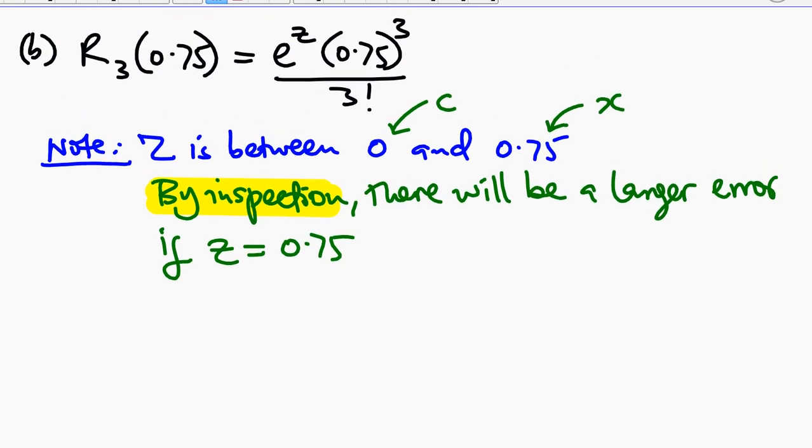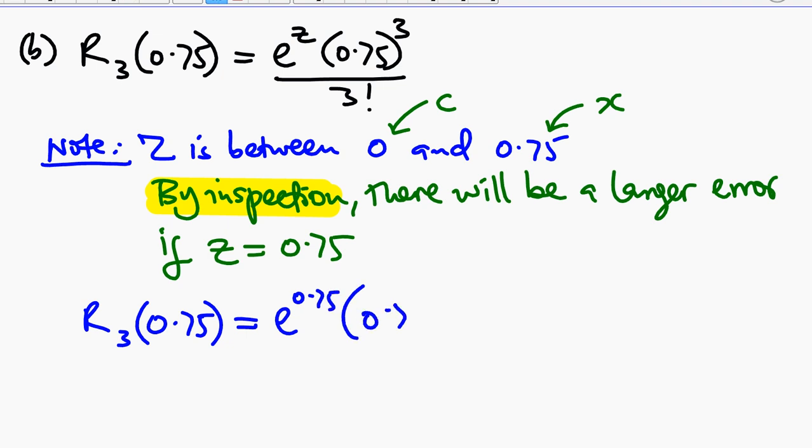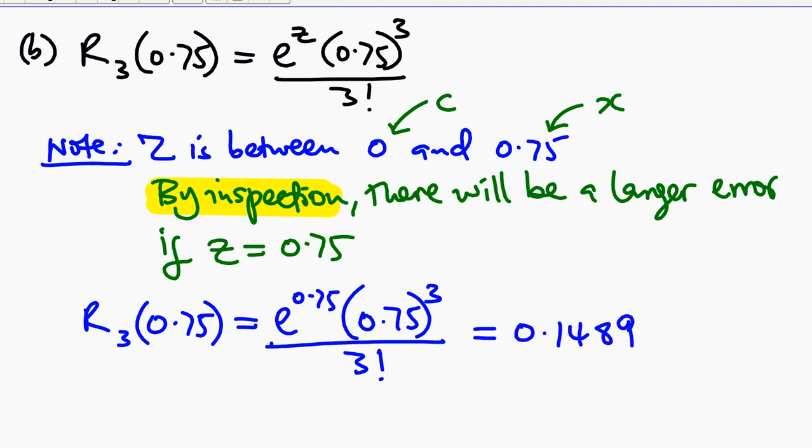So R3 at 0.75. The magnitude of error will be e to power 0.75 times 0.75 to power 3 over 3 factorial. Now, if you plug that in your calculator, that will give you 0.1489. This means that this is the error at most, the maximum error.